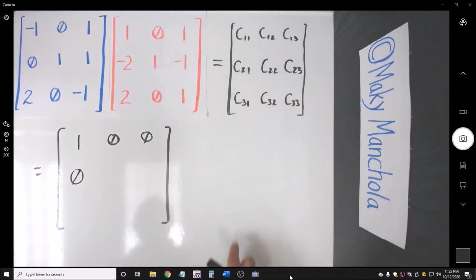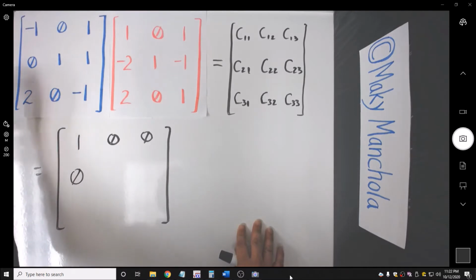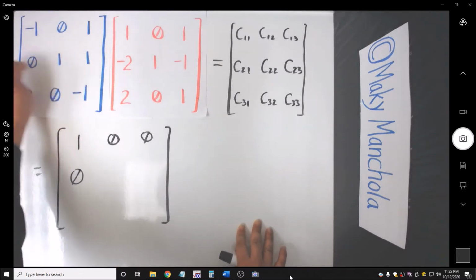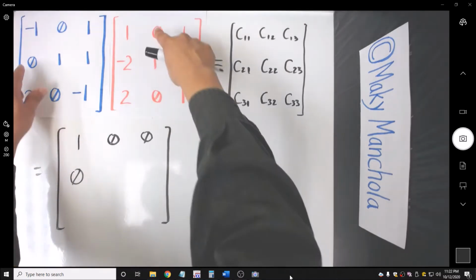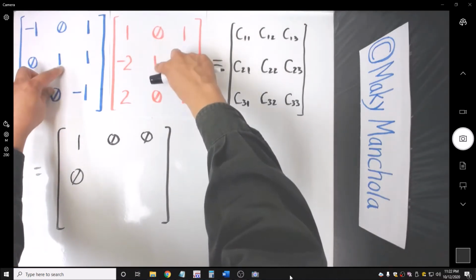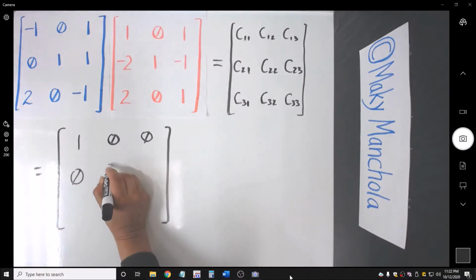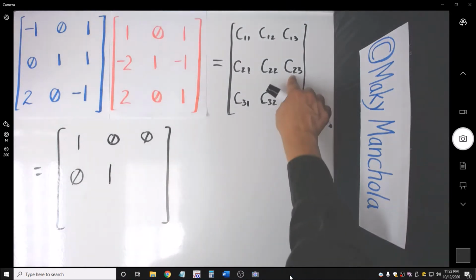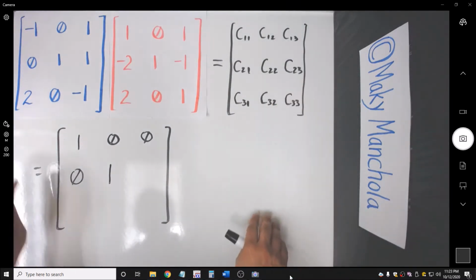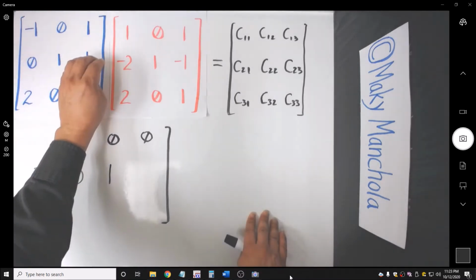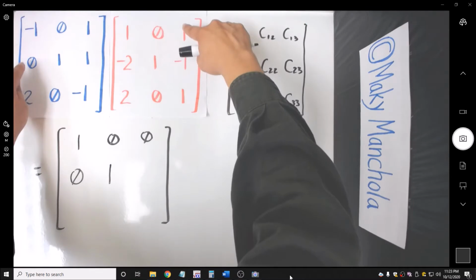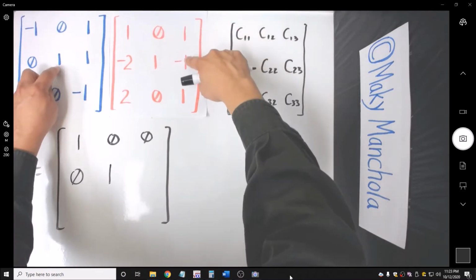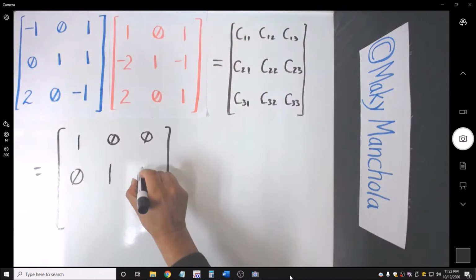C22, dot product, second row of A, second column of B. 0 plus 1 plus 0, which is 1. Now C23, second row of A, third column of B. What is it? 0 minus 1 plus 1. The result is 0.